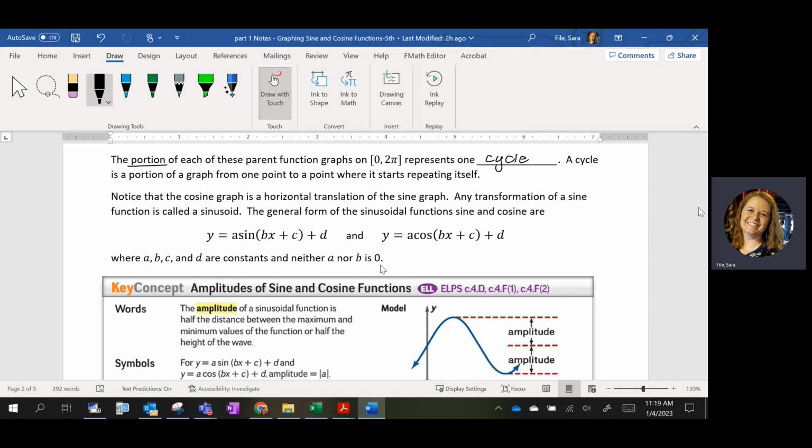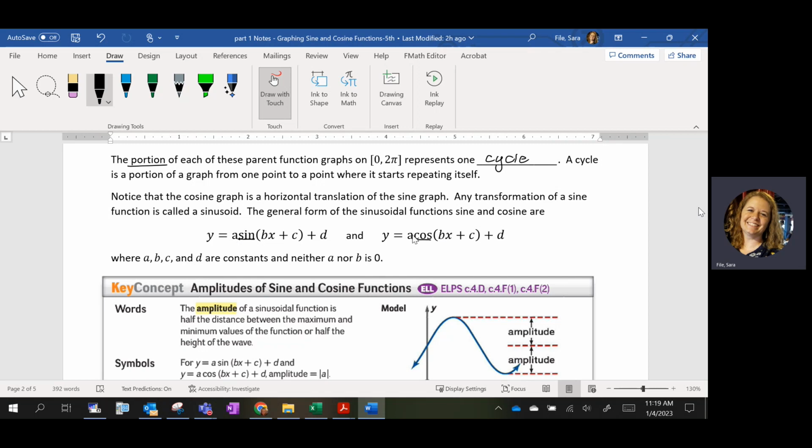The general form of the sine or cosine functions looks like this. The only difference is that one says sine here and one says cosine. The rest of it's all the same. So you'll have an A, B, C, and D, which are 4 places that numbers can appear that will change your graph. An A is a coefficient outside the function.